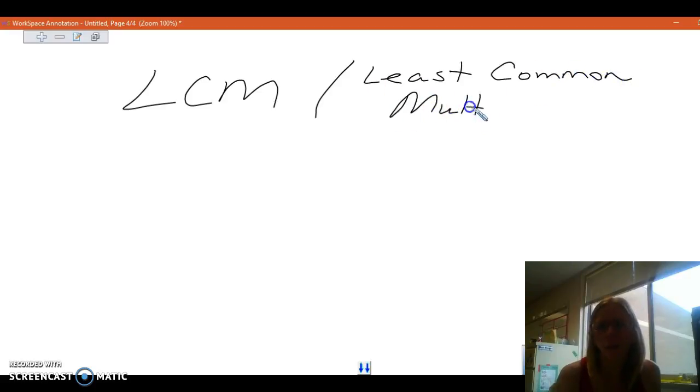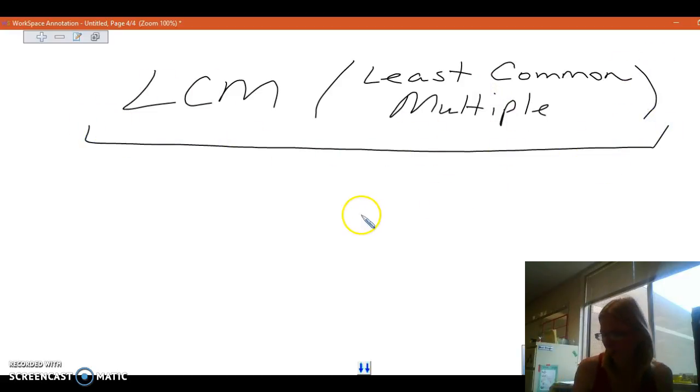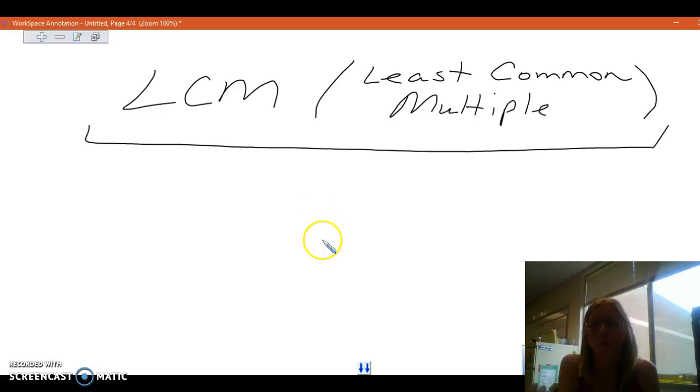So a least common multiple, why do we really need to know? Why do we care? When we have situations where we have to purchase multiple different items for maybe a party or for a field trip, and each item is packed differently.